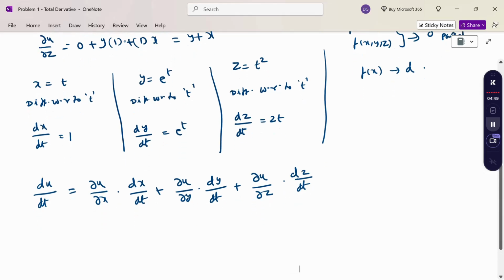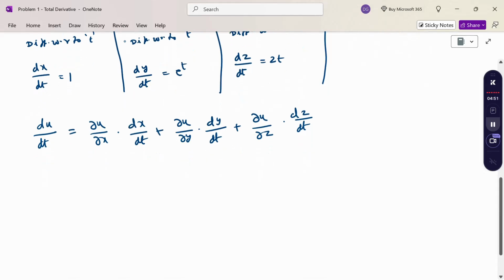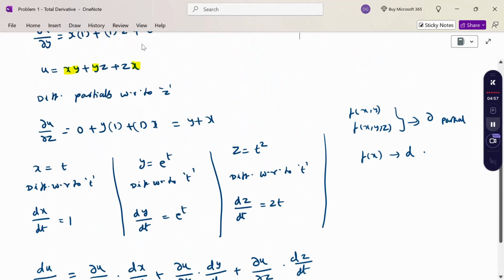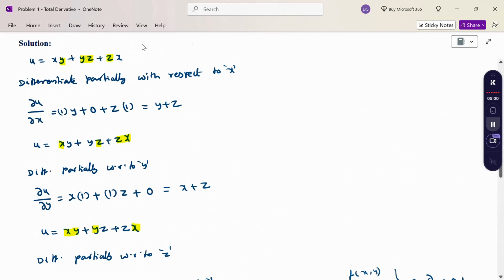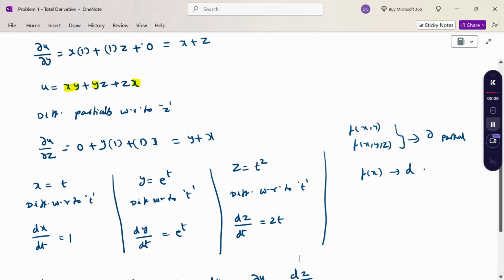Substitute the values of dou u by dou x, dou u by dou y, dou u by dou z. Dou u by dou x is y plus z, dou u by dou y is x plus z, and dou u by dou z is y plus x.